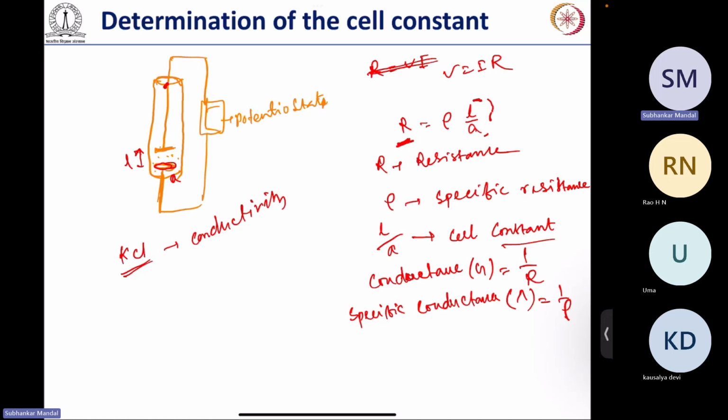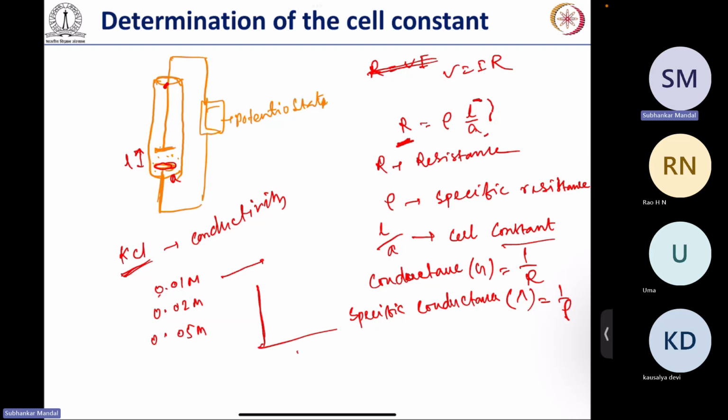So there are different concentrations, like 0.1 molar, or 0.02 molar, or 0.05 molar, of KCl solution. You measure the resistance or conductance value, and the literature gives the conductance value of, say, 0.1 molar KCl solution.